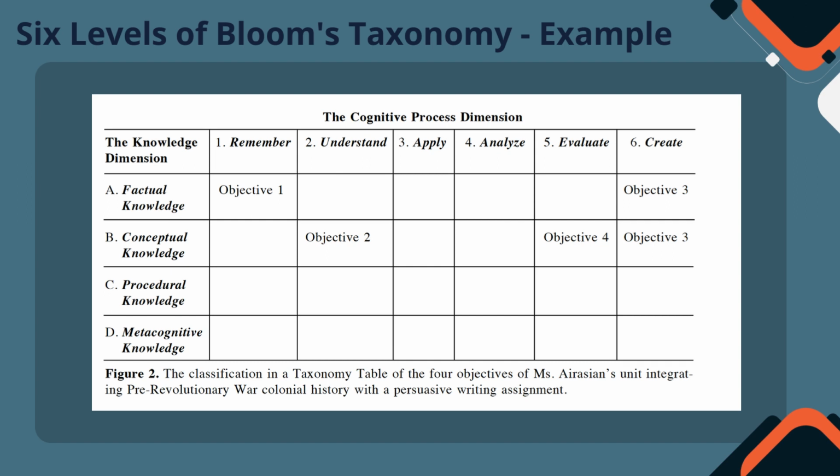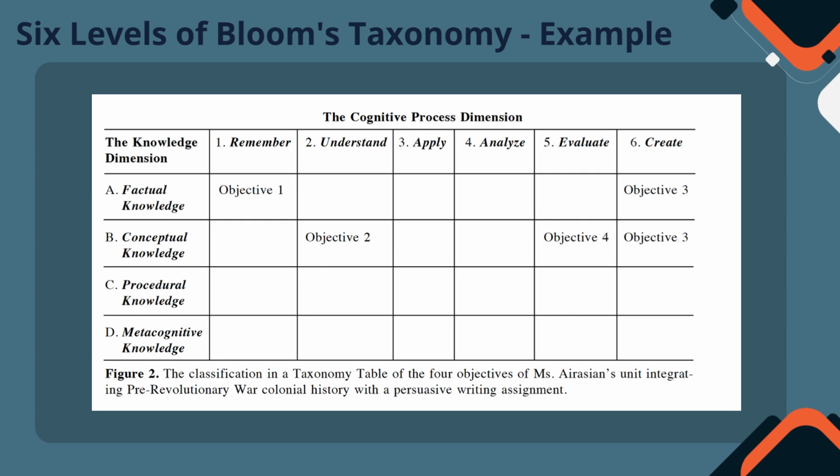And then the second objective was explain the consequences of the parliamentary acts for different colonial groups. Now, since the student is asked to explain the consequences of the parliamentary acts, one can infer that consequences refers to general statements about the acts and it's closest to knowledge of theories, models, and structures. Therefore, it would be classified in cell B2 with conceptual knowledge.